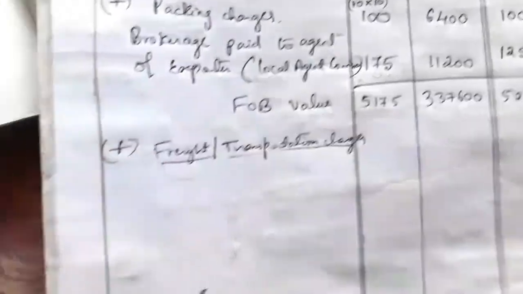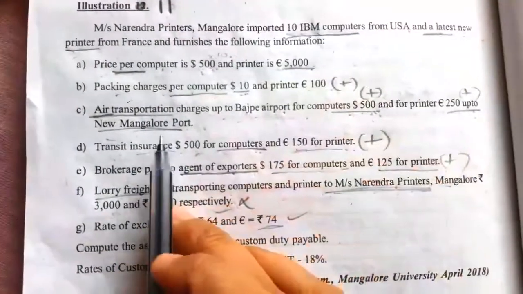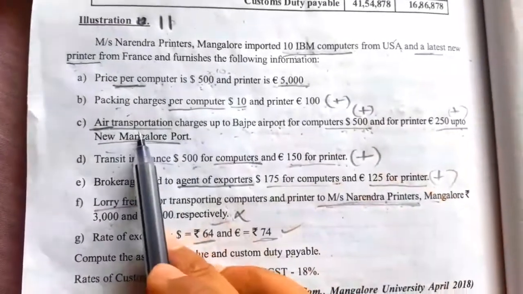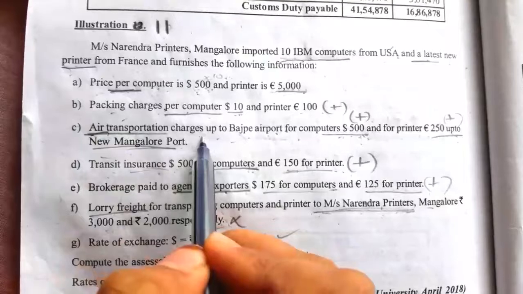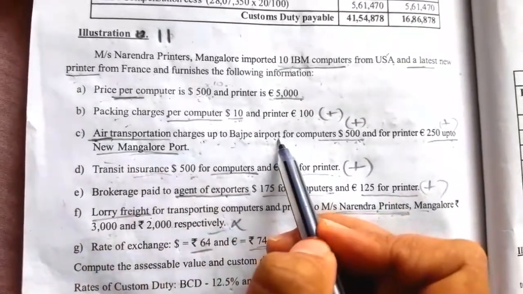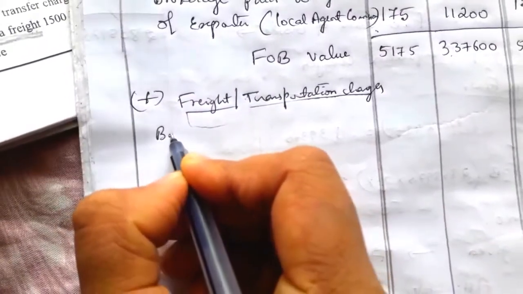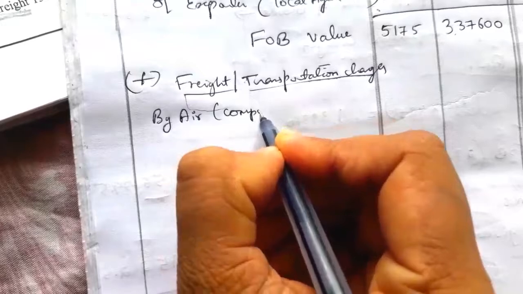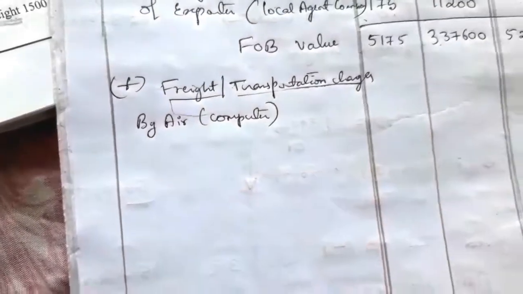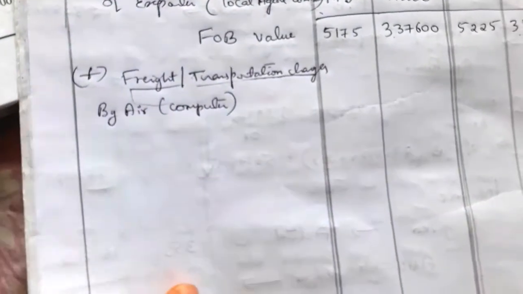So in the case of computers, it is an import from USA by air. They have mentioned clearly air transportation charges up to Bajpayee airport for computer. So that is by air, only for computers, okay, not for the printers. From USA they have imported by air.